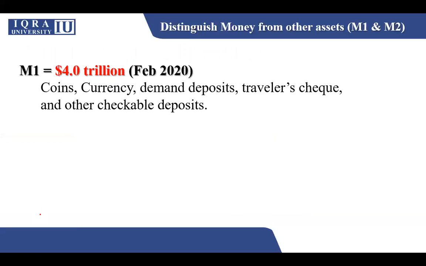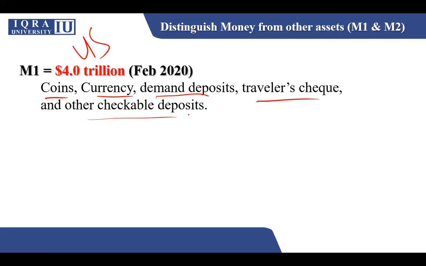When we are talking about M1 in the US, $4 trillion is counted when they count all the coins and currencies. Currency means the circulation of money in the hands of the public, demand deposits, which are in the banks, traveler checks, and other checkable deposits like very small accounts like saving accounts.